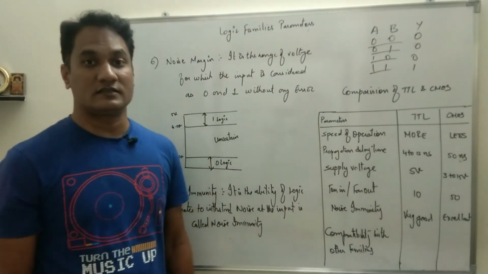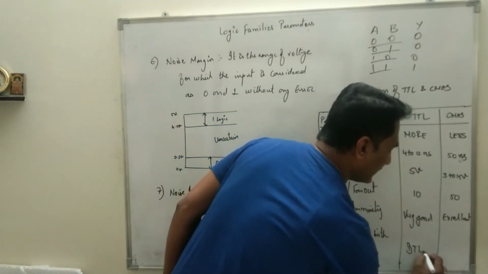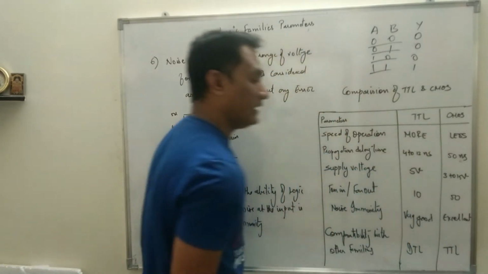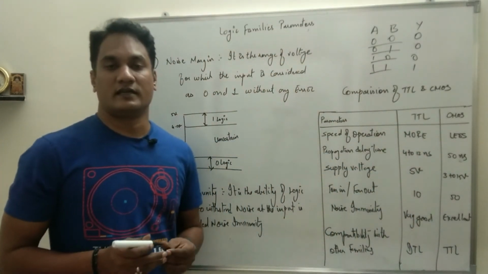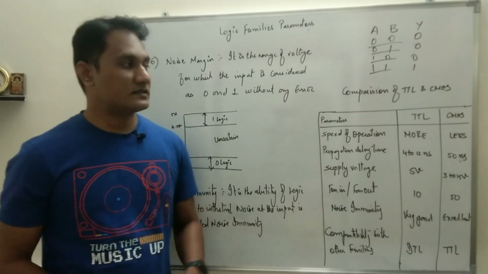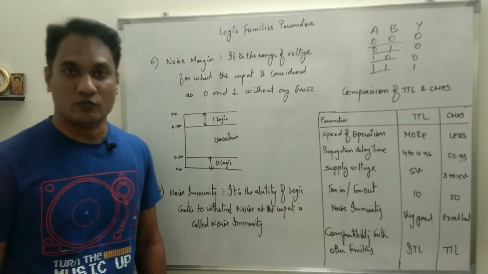They should work with each other. So compatibility of TTL is only with DTL, and CMOS works only with TTL if it is working at 5 volt power supply. So this is the basic comparison of TTL and CMOS.